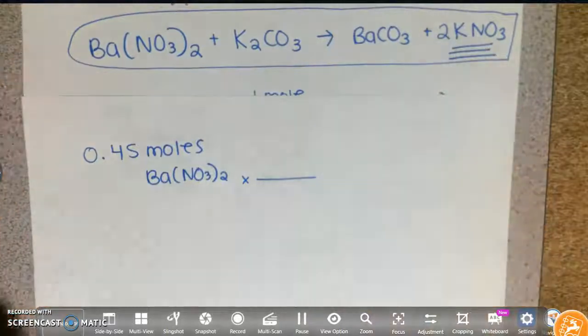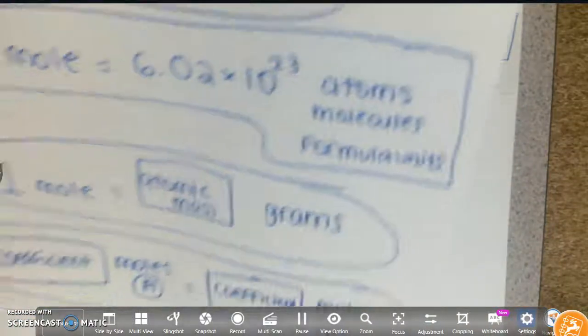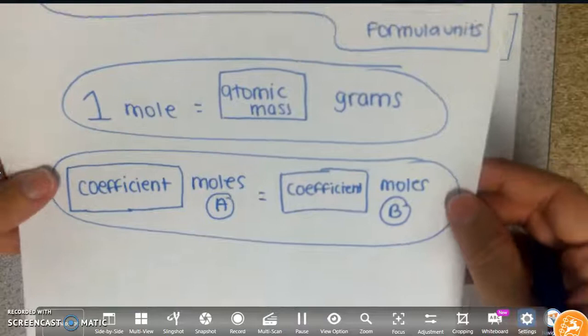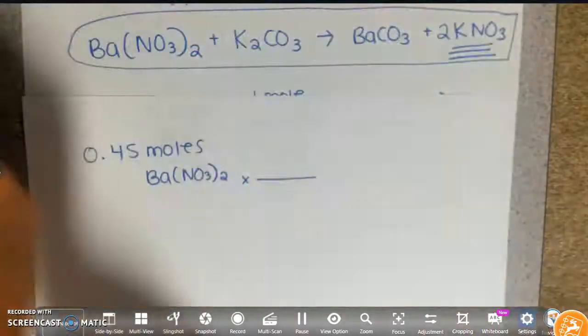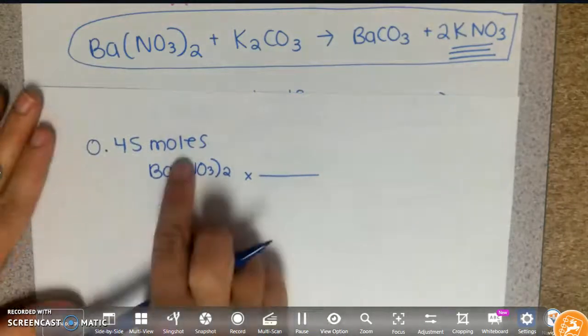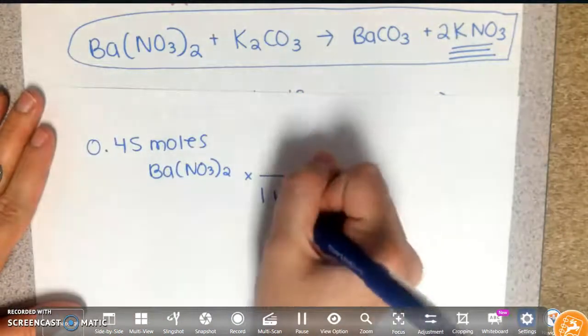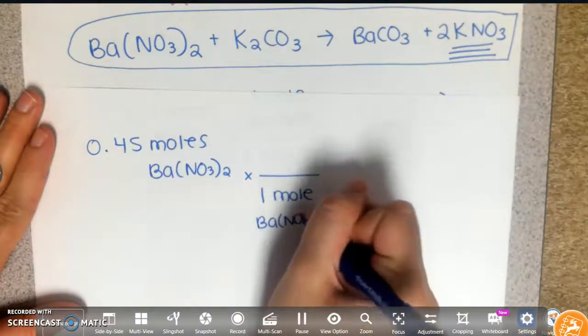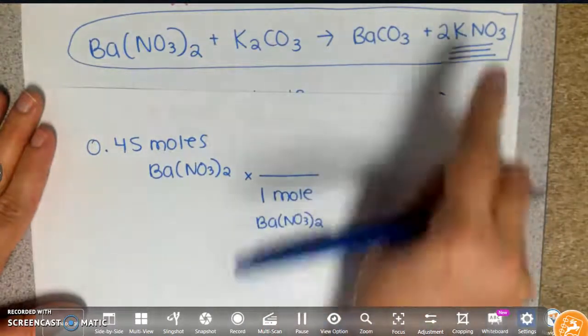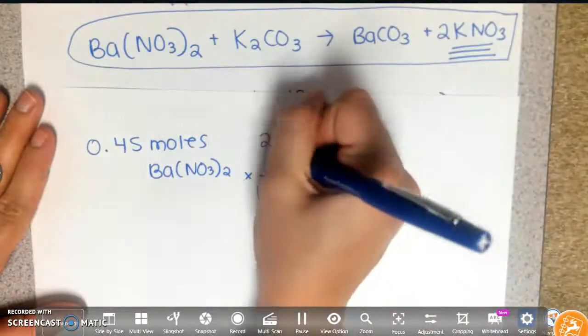And the only way we can go from one substance to something else is using our new conversion. So you have to do this first. So the coefficient in front of barium nitrate is a 1. 1 mole Ba(NO3)2 to 2 moles KNO3.